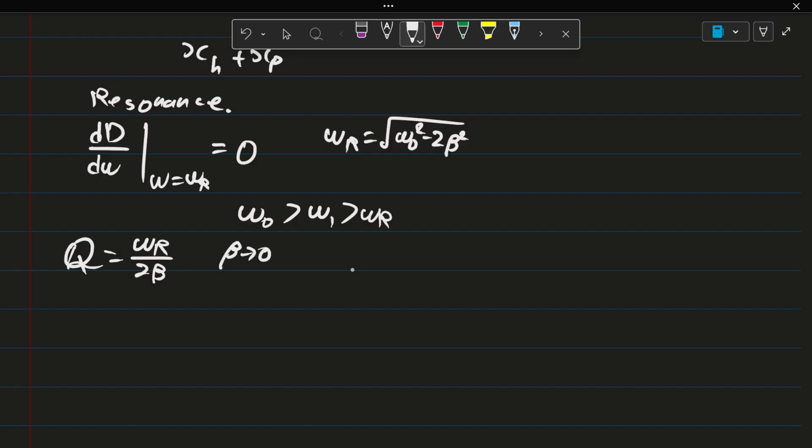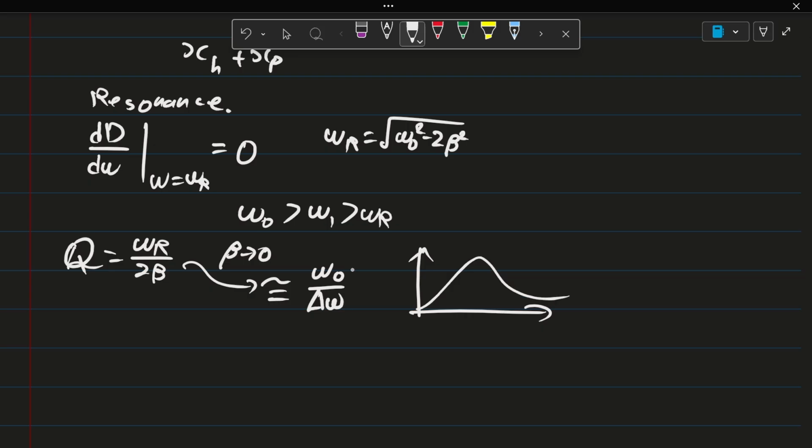I won't prove it here, but you could prove it by yourself. You could approximate this to be about omega 0 over the change in omega. This change in omega corresponds to the width of the resonance curve.